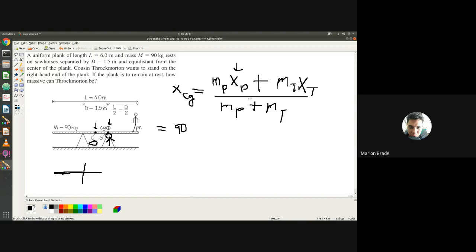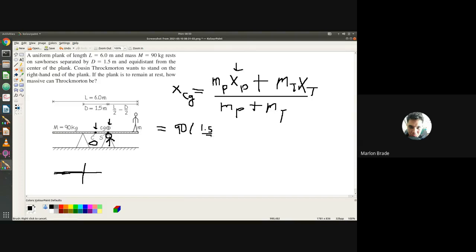Okay, so my origin is now here. So the question now: how far is the center of mass of Planck with respect to the new origin I chose, which is the position of the center of gravity? How far is it? Hey guys, how far? 0.75, which is actually 1.5 over 2.